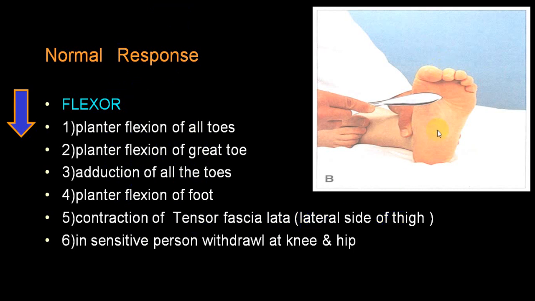All this combined together, plus there is a withdrawal at knee and hip, that is flexion at knee and flexion at hip. All these are the components of the normal plantar response. Again I am repeating: plantar flexion of all toes including great toe, adduction of all toes, plantar flexion of foot and contraction of tensor fasciae latae with withdrawal response in the form of flexion at knee and flexion at hip.